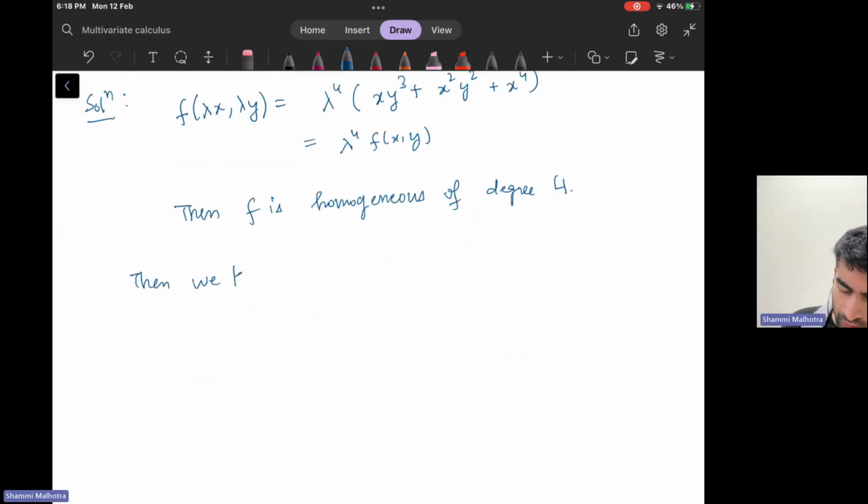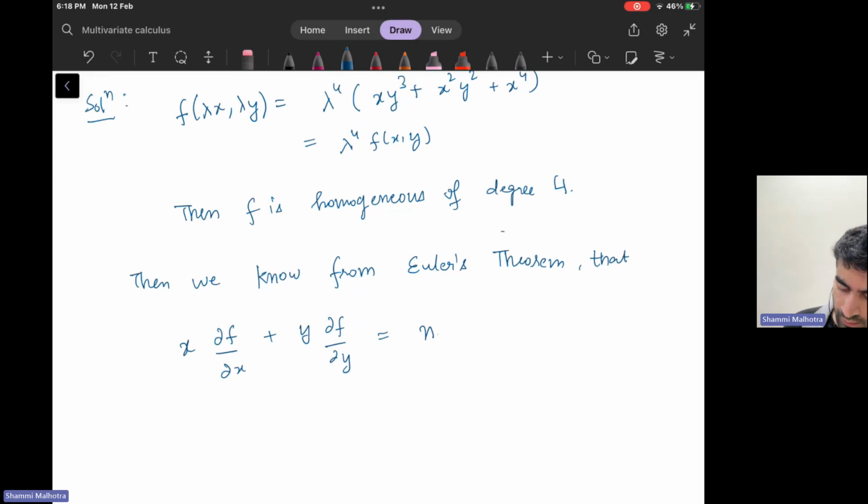Then we know from Euler's theorem that x times del f by del x plus y times del f by del y is nothing but n times f, where n is the homogeneous degree of my function, and here the degree is 4.